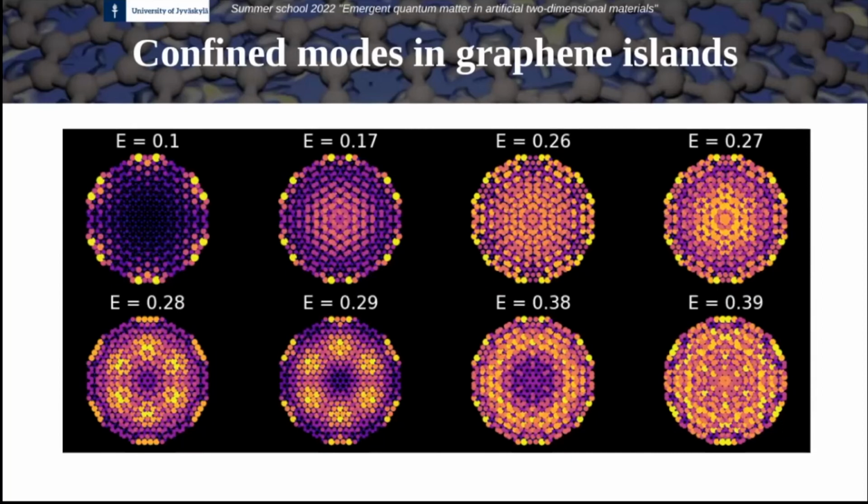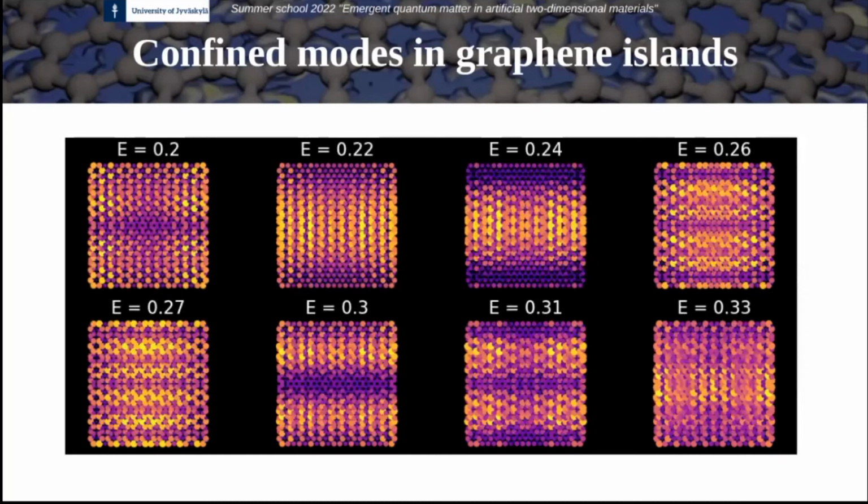And most importantly, these states have a certain dispersion in real space that can be very useful for probing them and for knowing how good the quantum dot is. And of course, you can also have square islands. And again, let me emphasize that all these islands can be done experimentally.